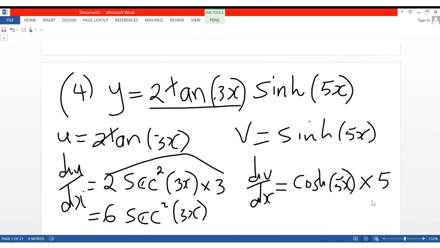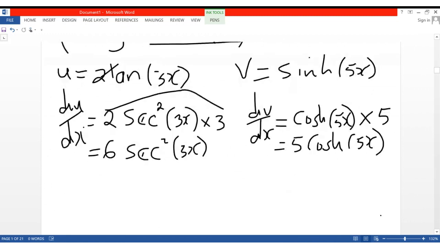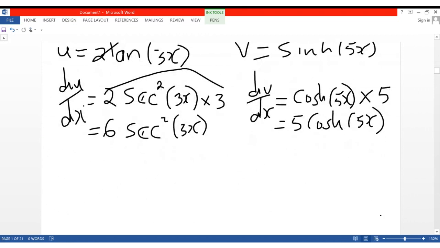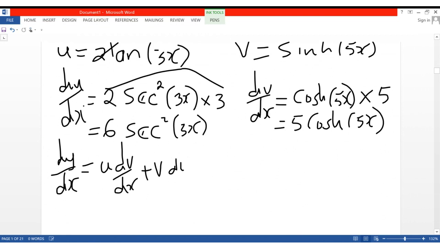You get number 5. So here the final answer will be 5. And then cosh 5x. Now it's a matter of time just to apply the formula. So dy/dx will be given by u dv/dx plus v du/dx. So what is my u?